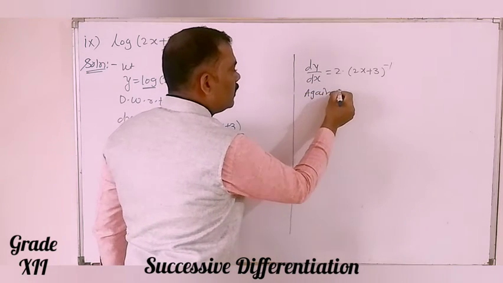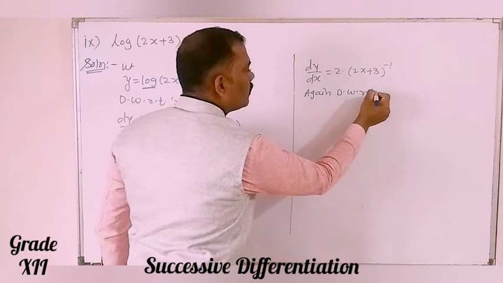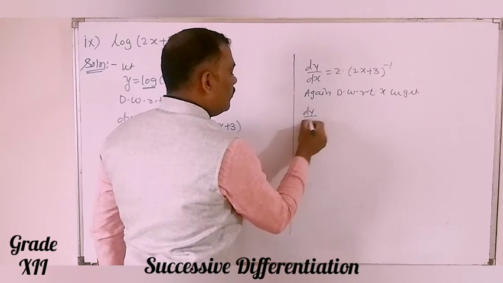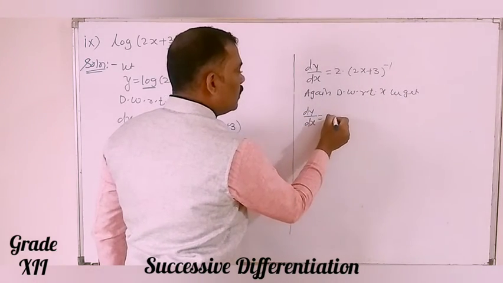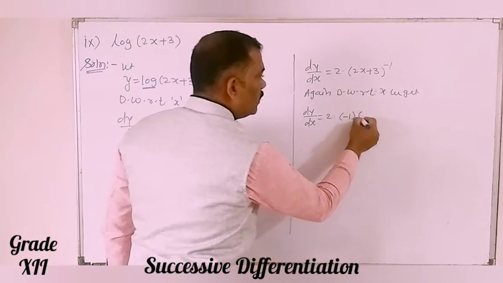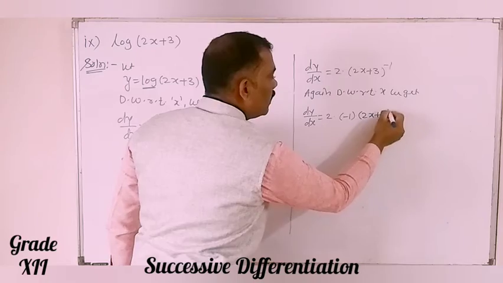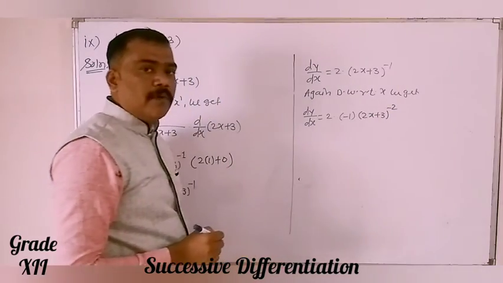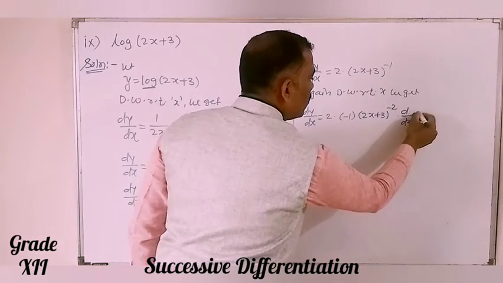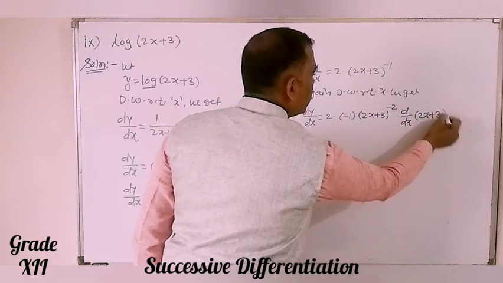Again differentiating with respect to x, we get dy by dx is equal to 2 into, take the power as it is, that is minus 1 into (2x plus 3) raised to minus 1, from the power we subtract 1, into d dx of 2x plus 3.